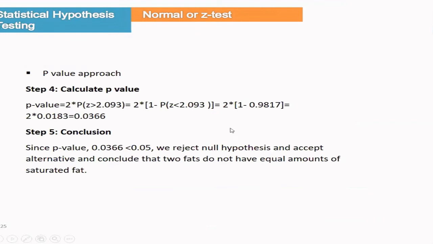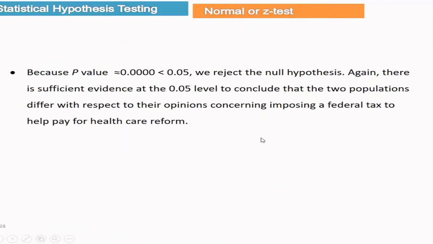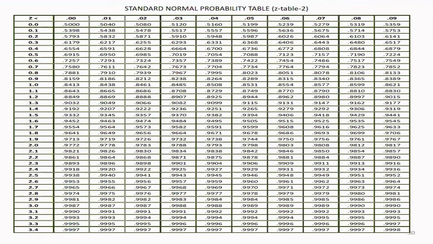The table gives 0.9817 for Z less than 2.093. I cannot give the third decimal, so for 2.09 it is 0.9817.